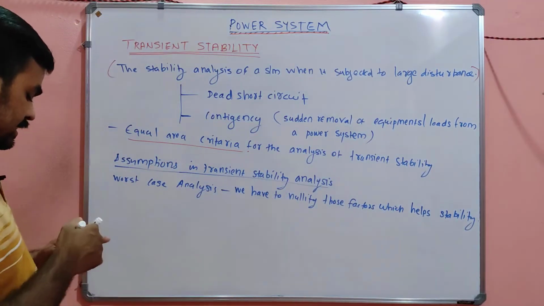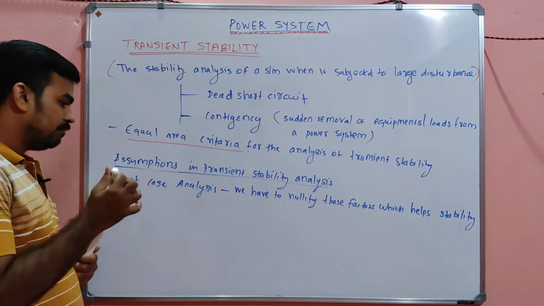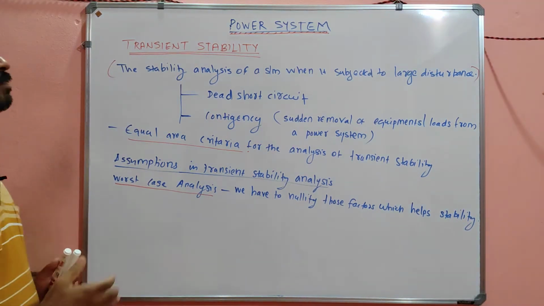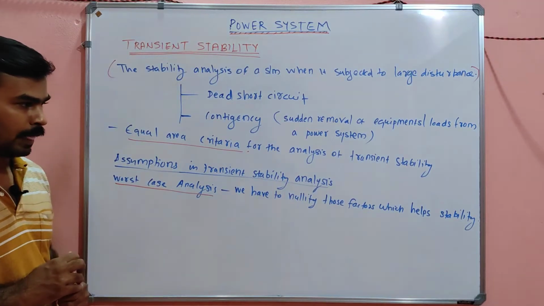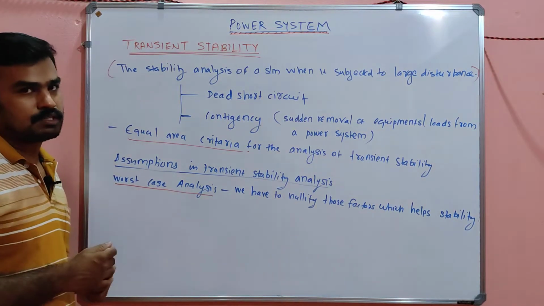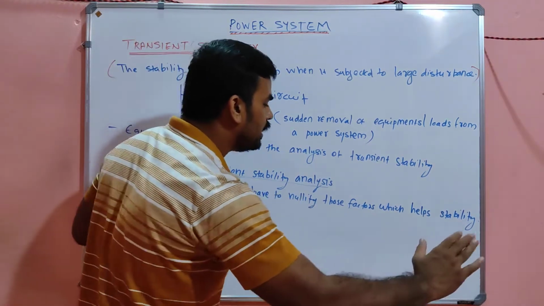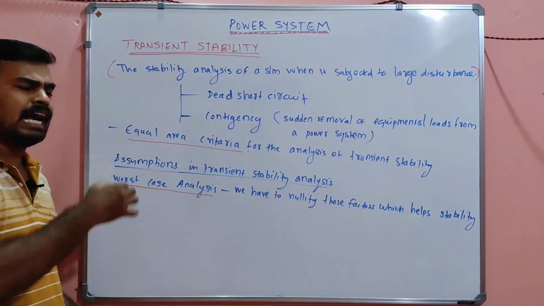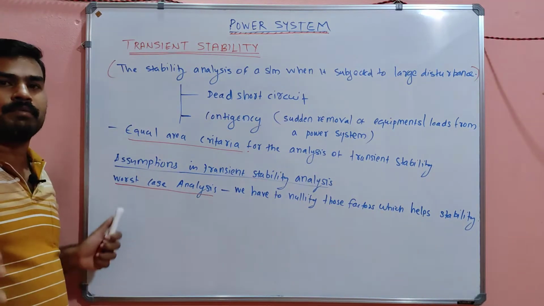The worst case analysis is done for the analysis of transient stability. So it means we have to nullify all the factors which help the stability of a system. I will explain one by one so the picture will be clearer.